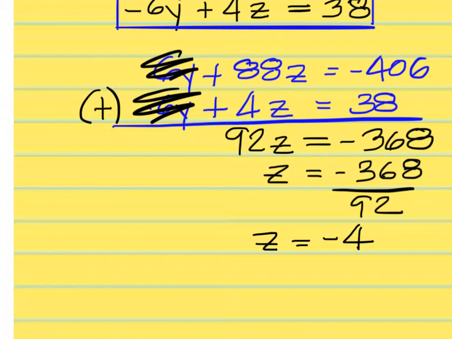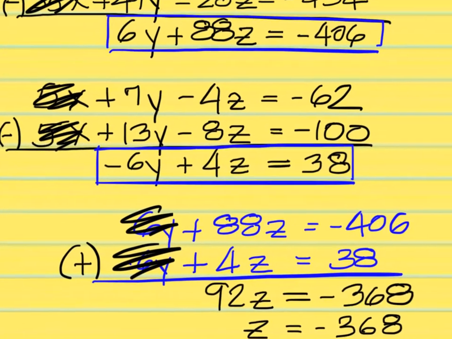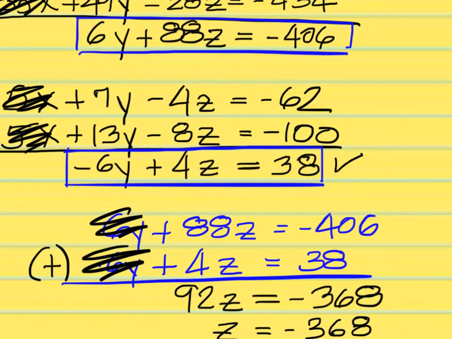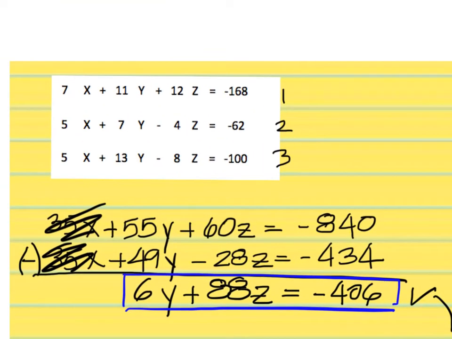So what we have just created now, even though you cannot see it, is a wedge formation with this and one of these, not both, one of them, and this first equation. We will create a wedge formation that you can then go in reverse and solve for the remaining items.